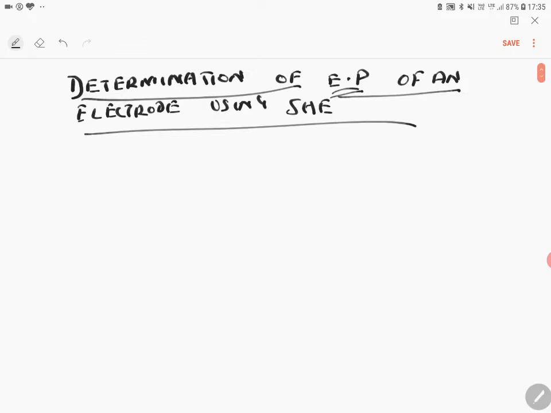We need to understand first that supposing you have an electrode, you do not know the SRP value of this. So this is the aim of the experiment.